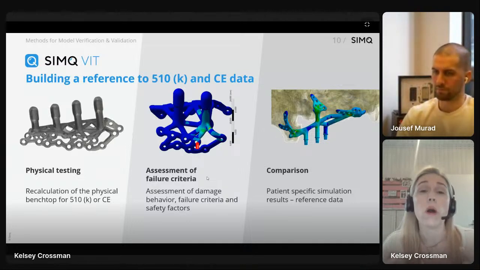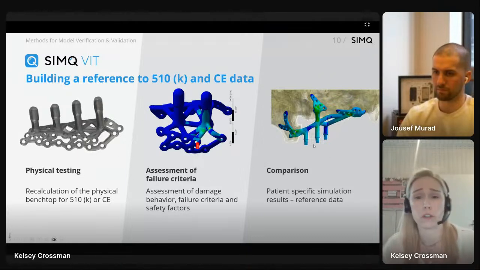So we know how those metals behave under certain loads and temperatures and things like that. So we have those hard default numbers in the software, and then we compare that to research that's already done. So CE marks and studies, we compare it to up-to-date literature.